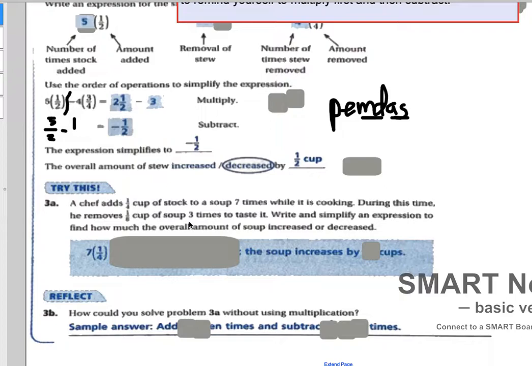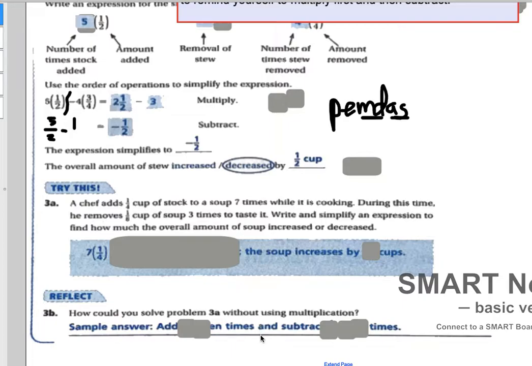Write and simplify an expression to find how much the overall amount of soup either increased or decreased. And then the reflect question is, how could you solve problem 3A without using multiplication? Please press pause and do the best you can and check back in a moment.